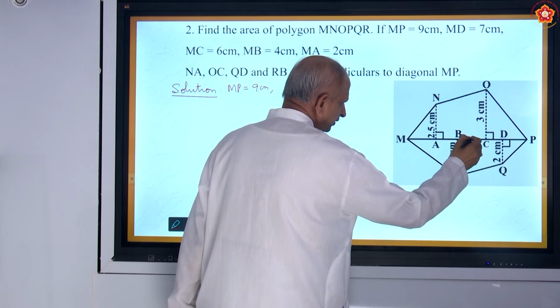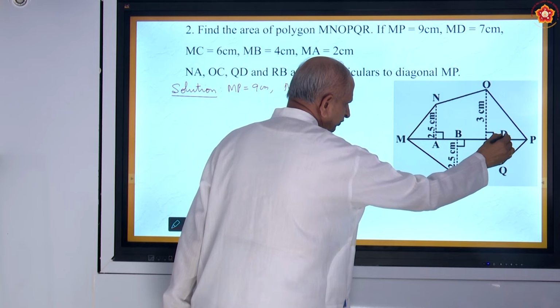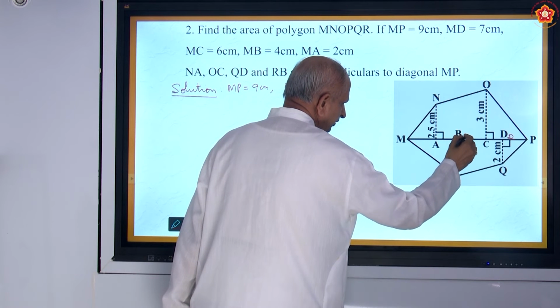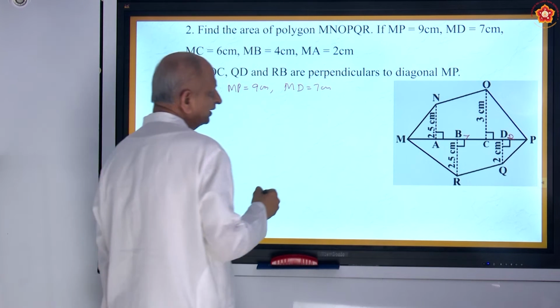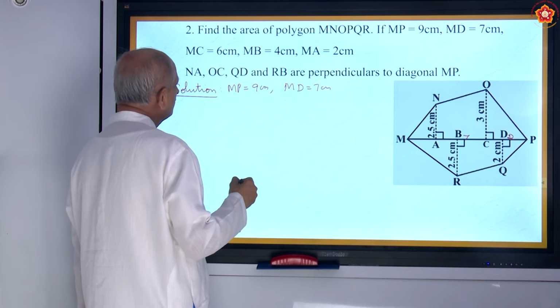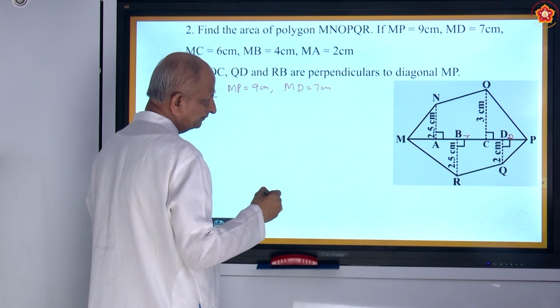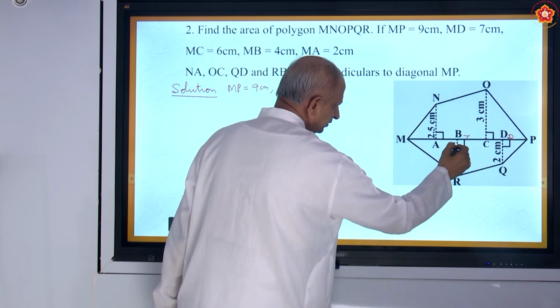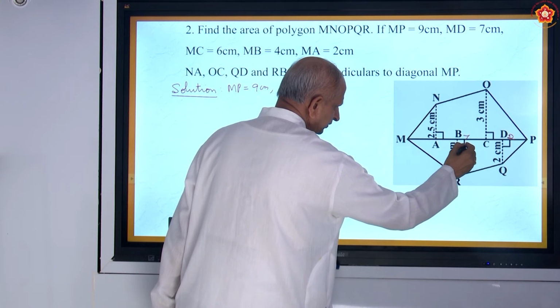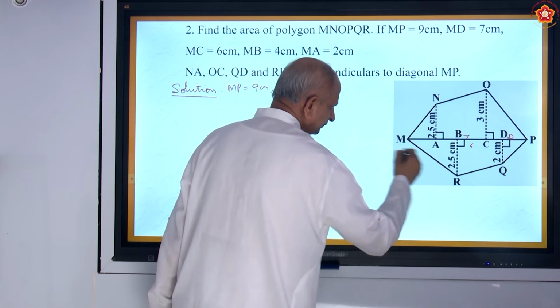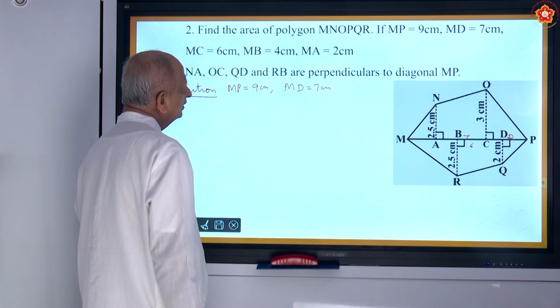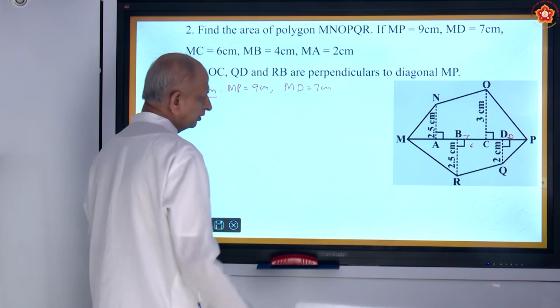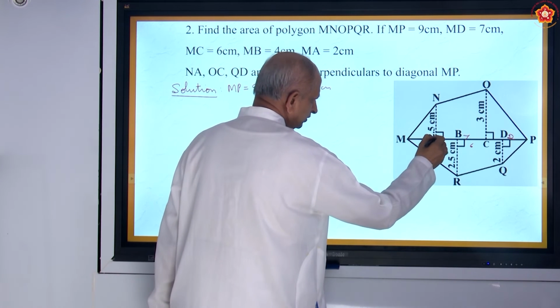So this becomes 2 there. This becomes 7. 7 plus 2, 9. Then you have MC, 6 centimeters. MC, C is here. So that is 6 centimeters. Then you have MB, 4.